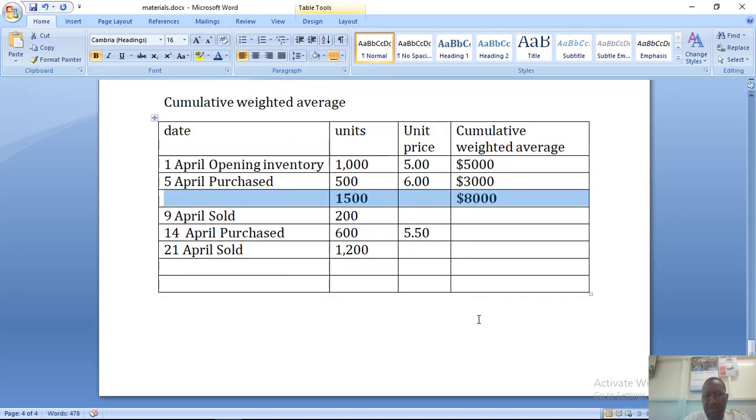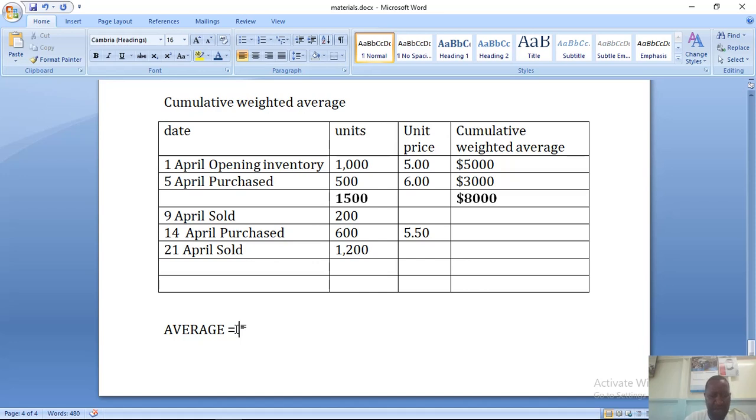So the average price or average cost will be equal to $8,000 divided by the number of units, 1,500 units.